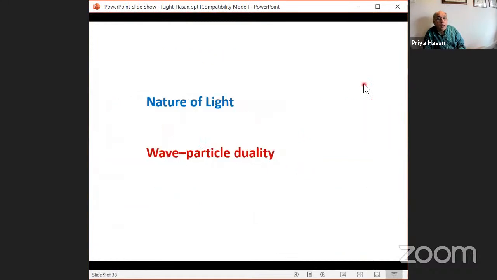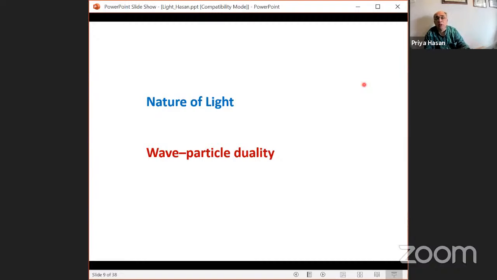So how do we see light today? What is the nature of light? Today we realize that it has both a particle nature as well as a wave nature. So this is called the wave-particle duality.